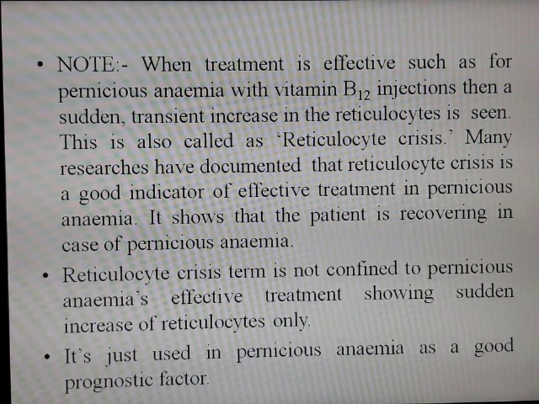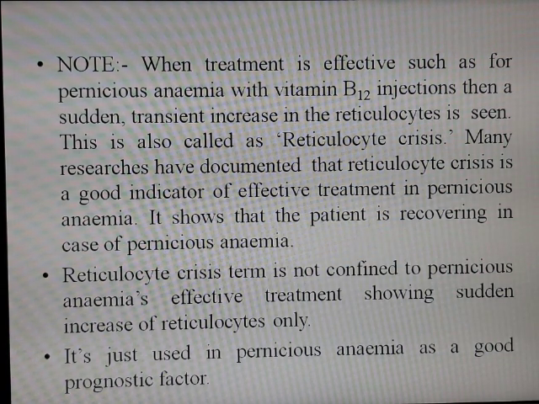This is also called reticulocyte crisis, because the reticulocytes increase suddenly in a huge way. Many researchers have documented that reticulocyte crisis is a good indicator of effective treatment in pernicious anemia. It shows that the patient is recovering, because they are giving a good reticulocyte response. The reticulocytes are increasing.